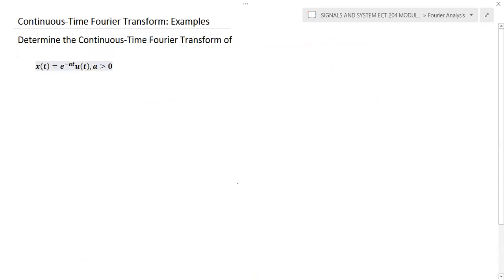Now we'll discuss one question. We need to find the Fourier transform, the continuous time Fourier transform, usually represented as CTFT. Here the signal is given by x of t equals e raised to minus at into u of t, and it is given in the time domain.